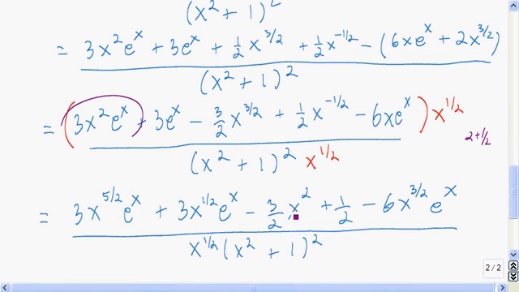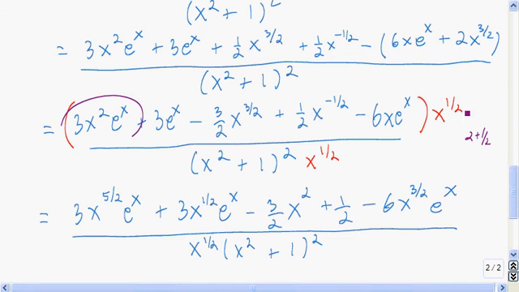So that exponent there is 2, because 2 is 3/2 plus 1/2. And next we have 1/2 x to the negative 1/2 times x to the 1/2. So that exponent, negative 1/2 plus 1/2, is 0. So that leaves us with just 1/2.